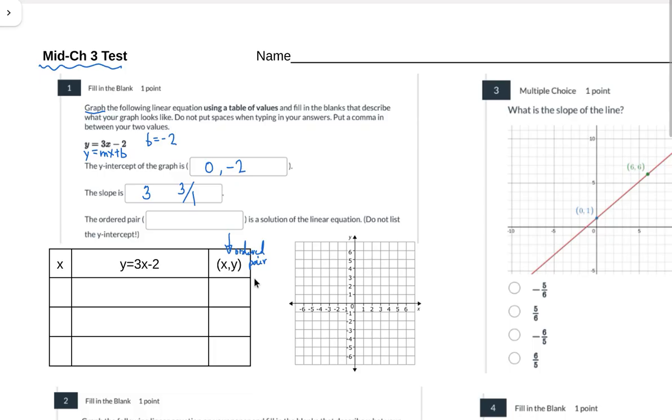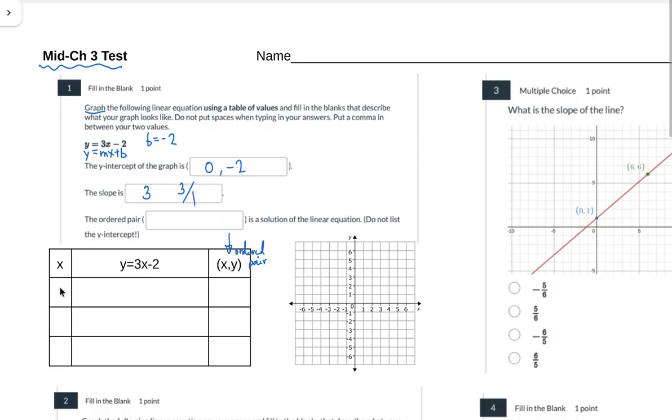It's also called a solution to the equation, because when we plug in a value for x and solve for y, that's how we plot the line. And any point that falls along a line is a solution of a linear equation. So we need to be able to build out this table of values, and then we will be able to answer the question about the ordered pair.